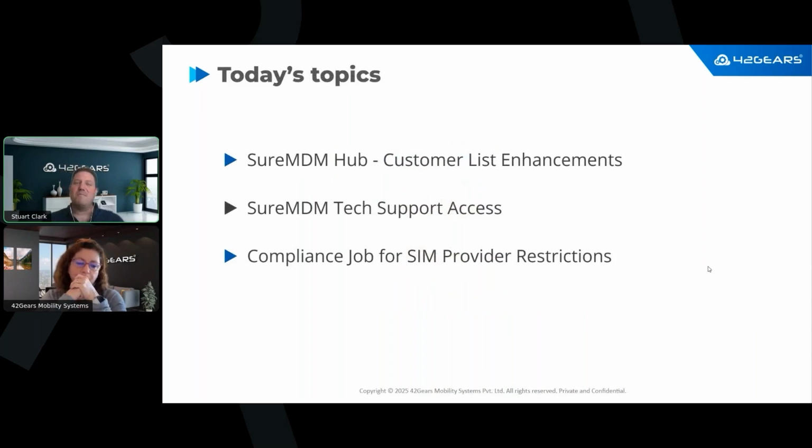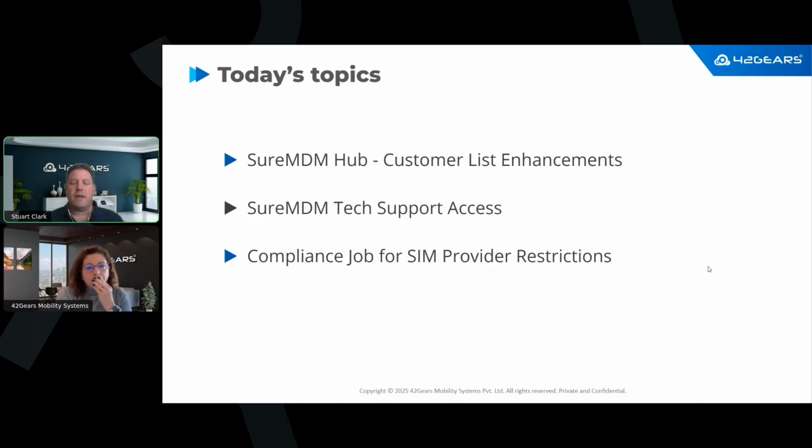So for today, kicking off, there are three topics. Two of these, for those of you who are more regularly playing around inside the SureMDM console, you may have noticed in the last couple of weeks. The third is perhaps slightly more hidden within our compliance job, and it continues a little from what Armand shared a few weeks ago, where he spoke of some of the other compliance jobs.